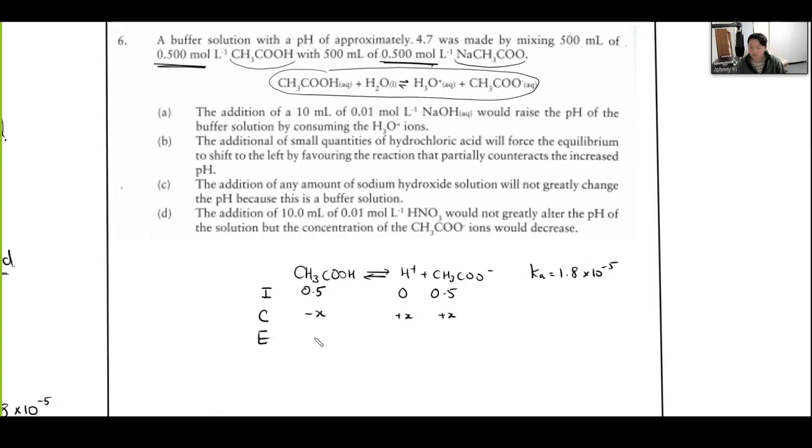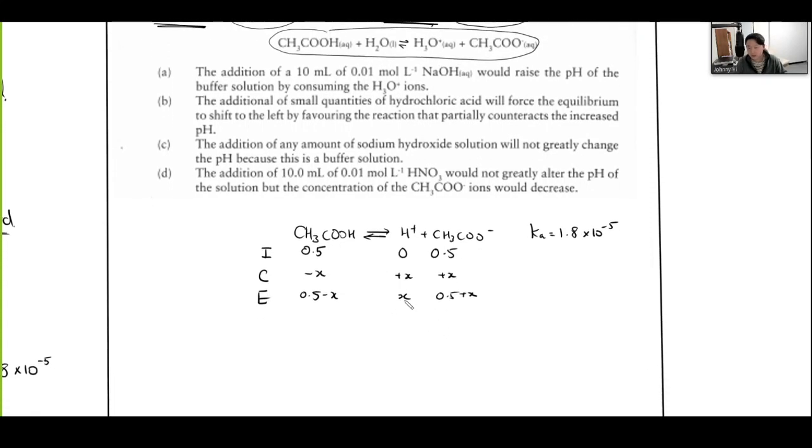And at equilibrium, it will be 0.5 minus x, x here, and 0.5 plus x. But this x is, again, a very, very tiny amount, because this Ka is such a low number. The product of these two over this one is this number, so this has to be a very small number.